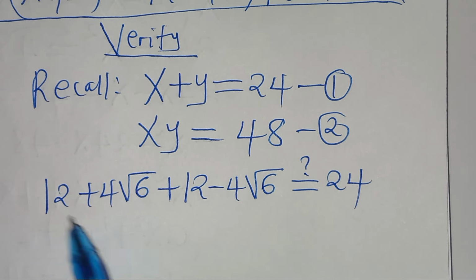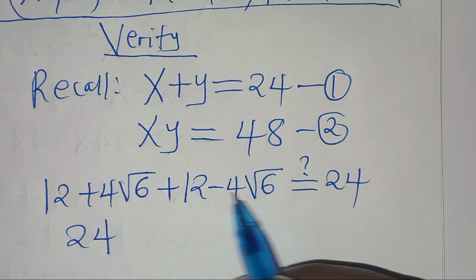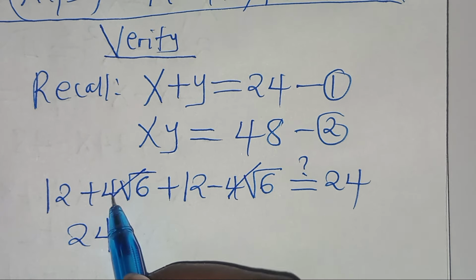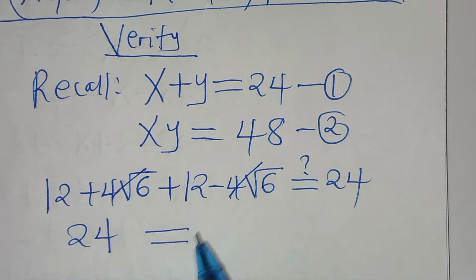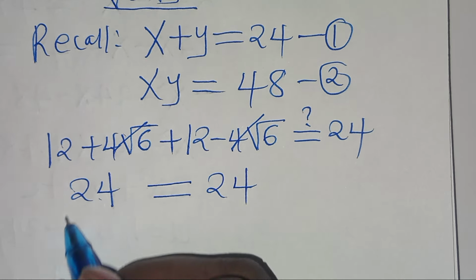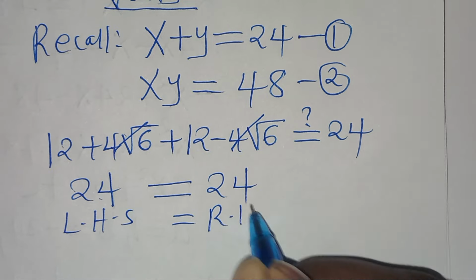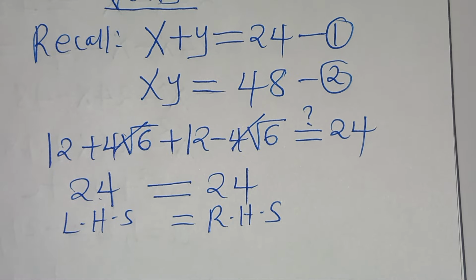So we have that 12 plus 12 here, this is 24. Then 4 square root of 6 minus 4 square root of 6 simplifies, and this implies that 24 is equal to 24. So the left hand side is equal to the right hand side.